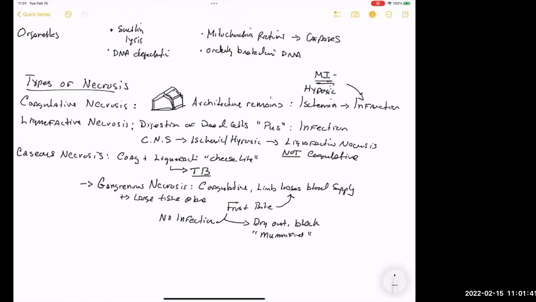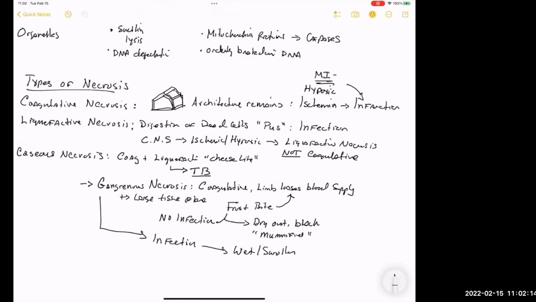Now, sometimes you will have an infection that will also occur. So if you have gangrene occurring with an infection, then you're going to get something a little different. You're not going to get a dried out mummified appearance, but you're going to get a wet, possibly swollen appearance. All right.